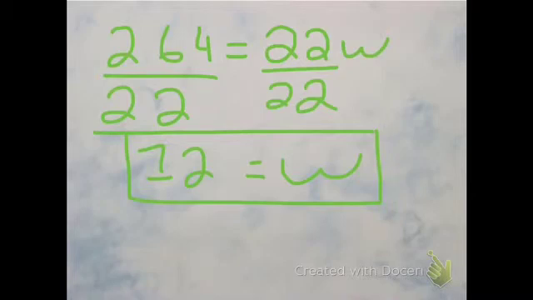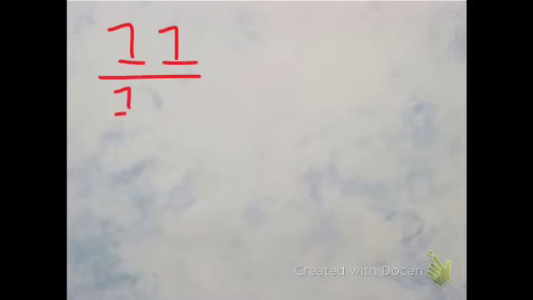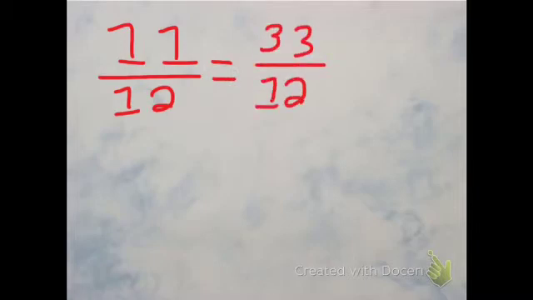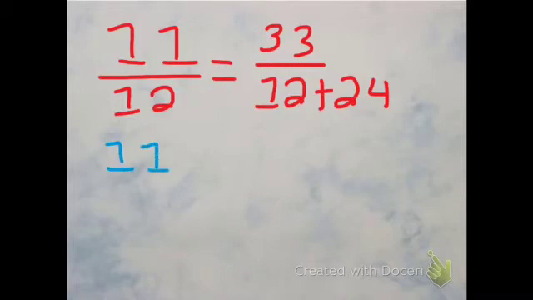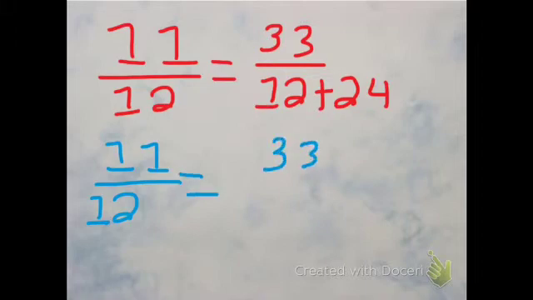Now you want to check this if you're not sure that it's correct. We're going to check work to see if w does actually equal 12. 11 over 12 equals 33 over 12 plus 24. Now we add 12 plus 24, so 11 over 12 equals 33 over 36.